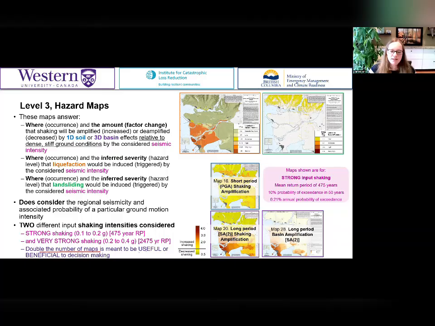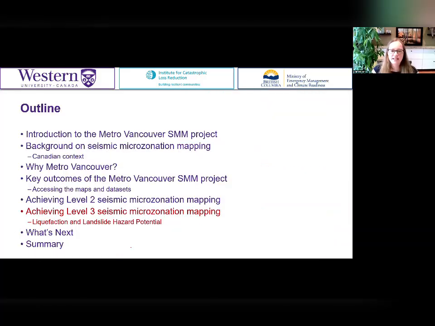But the whole point is you should be able to contrast and compare them, and that should be helpful or beneficial. This level of shaking isn't as common, but it is rare, and maybe you want to design to that level, or maybe you want your community to be prepared to that level. But you also have access to another level of shaking intensity that was considered.